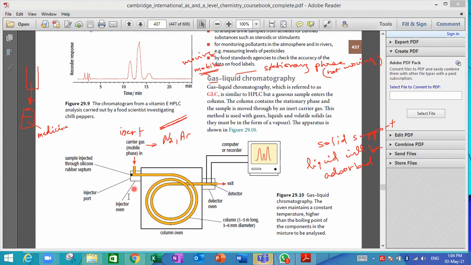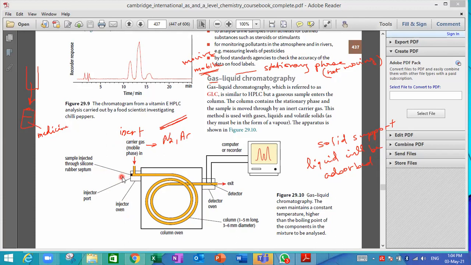And this port is placed in an oven, because we want to heat our sample so that it transfers to the form of a gas. Because as I told you, as the mobile phase is a gas, it cannot move a liquid with it through the column. So our mixture should also be in the form of a gas. So how do we do that?